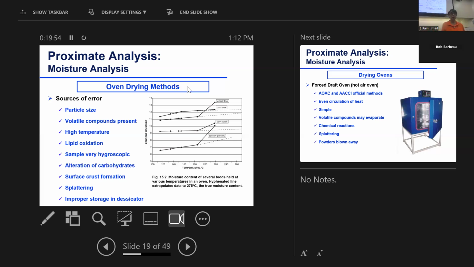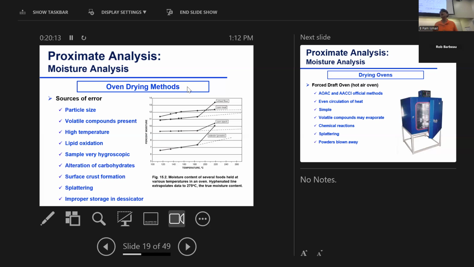We talked about lipid oxidation. Some samples are very hygroscopic, so let's say a sample high in lactose. It really wants to keep that water and doesn't want to give it up. It's very hard to spray dry, for example, if you talk to Mitch or Ray in the pilot plant.